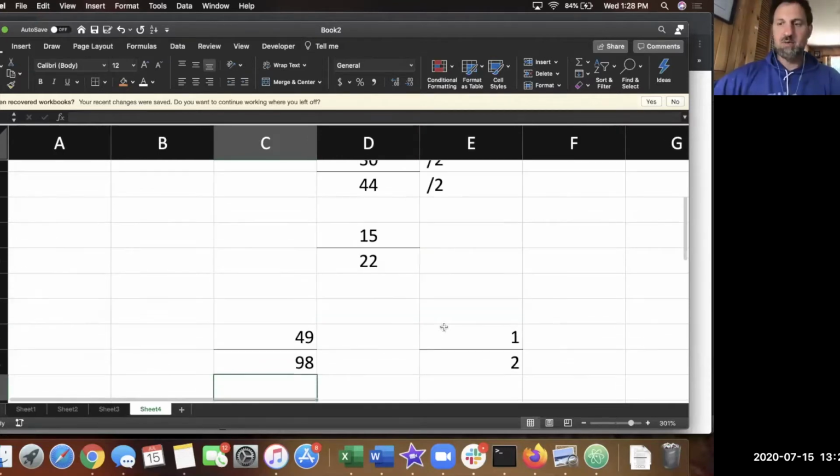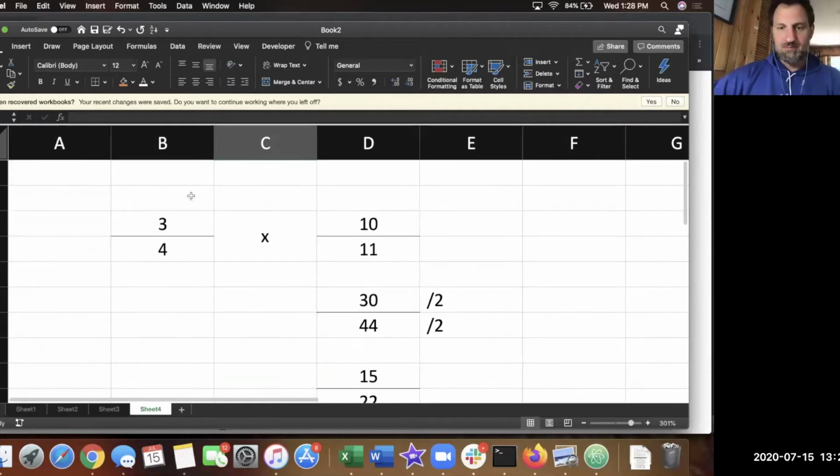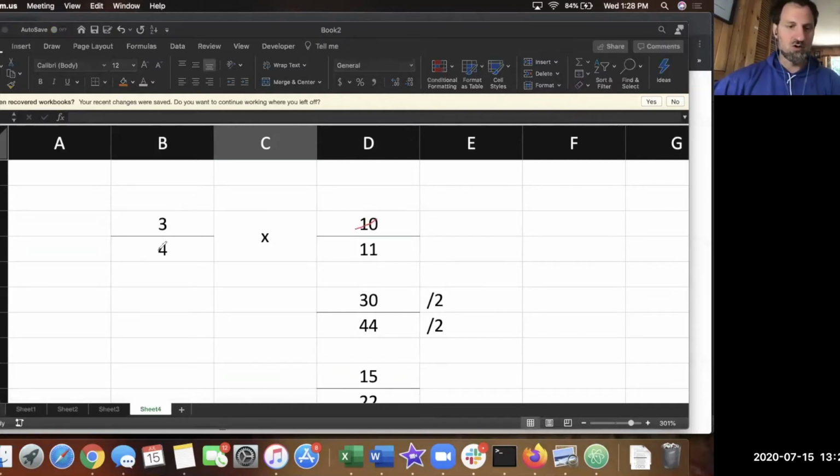I want to bring up a point about the process of multiplying before we get into the conversion section, which is that there is an opportunity ahead of time to do the simplification up front. We see the 10 and the 4, and we can divide this by 2 and this by 2. That gets us to the simplified answer a little faster.